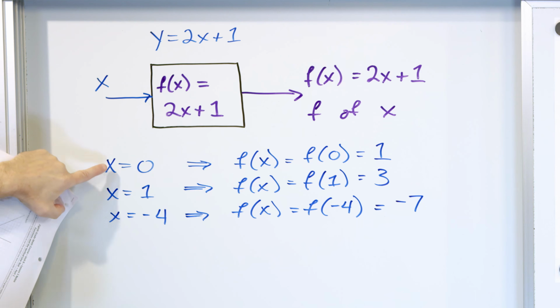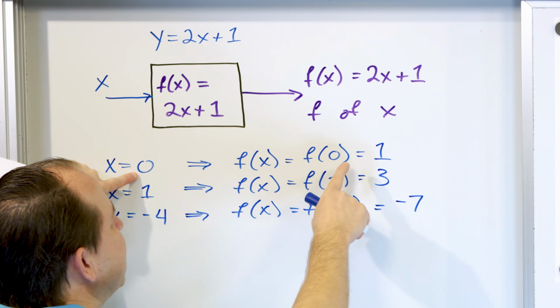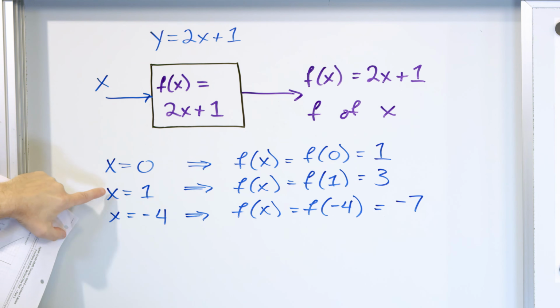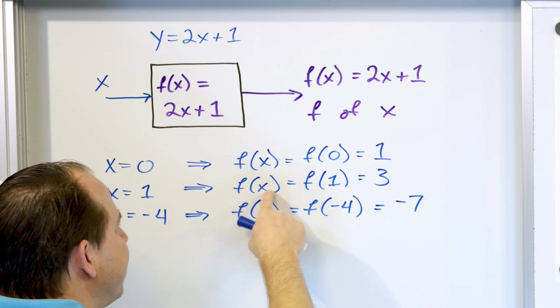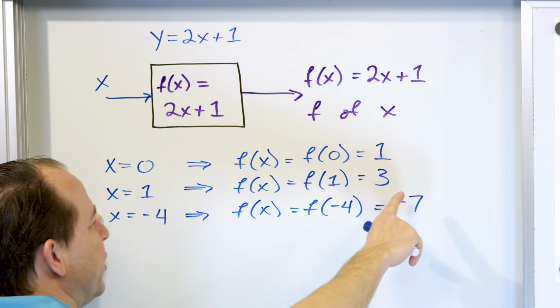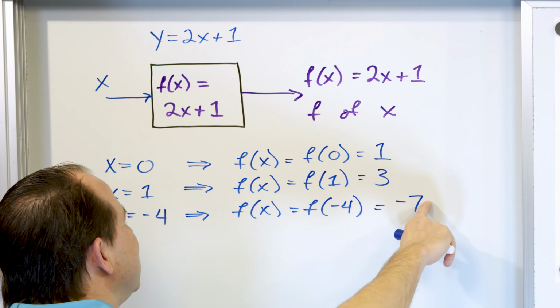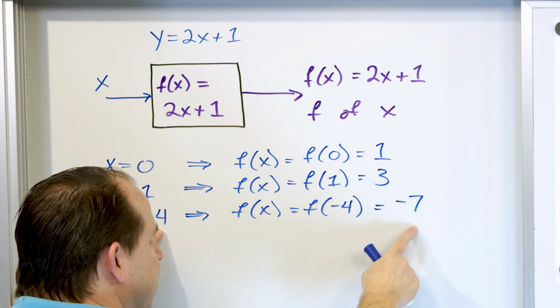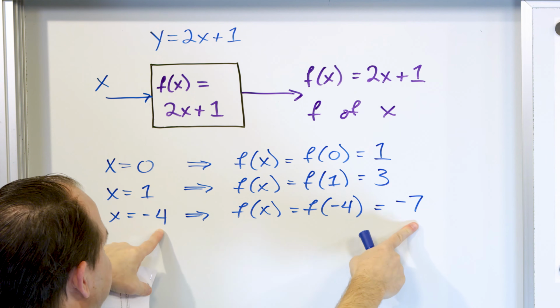Here, when the input was x is 0, the output f of x was equal to 1. When the input was 1, the output f of x was 3. When the input was negative 4, the output f of x was equal to negative 7. There is a pairing here which we can graph, x comma f of x, or x comma y if you want to think of it like that.